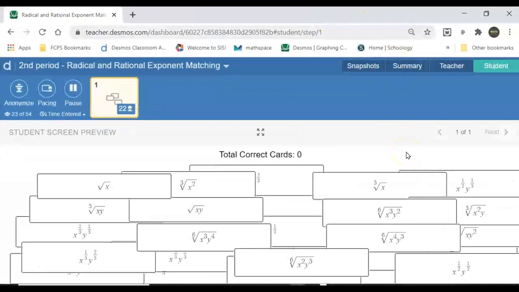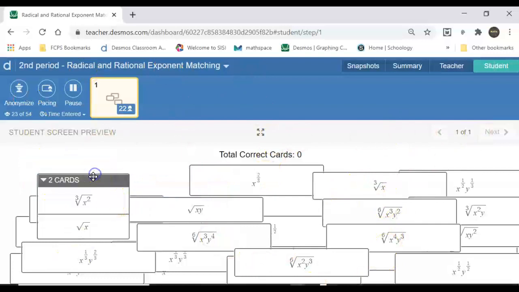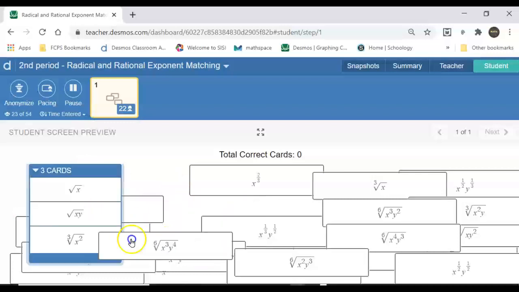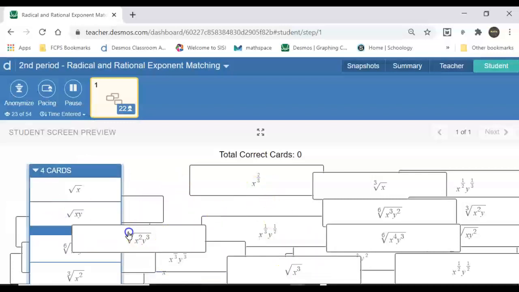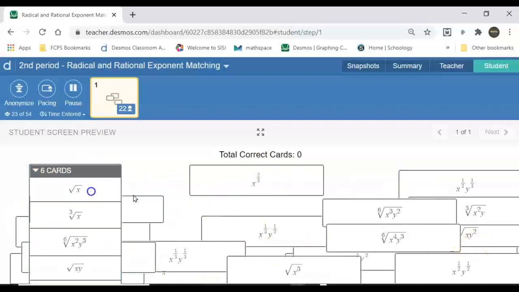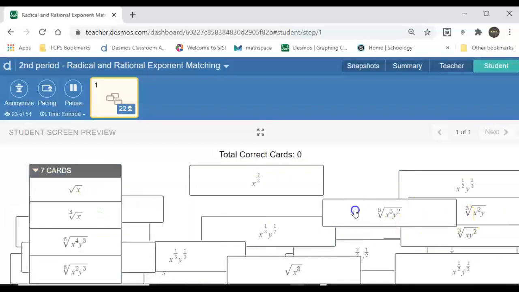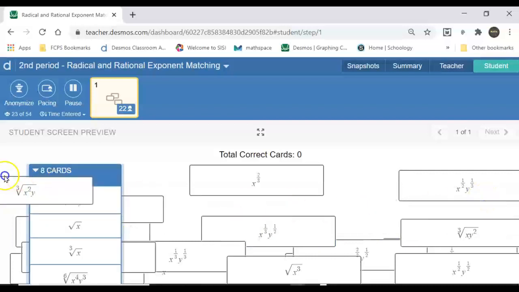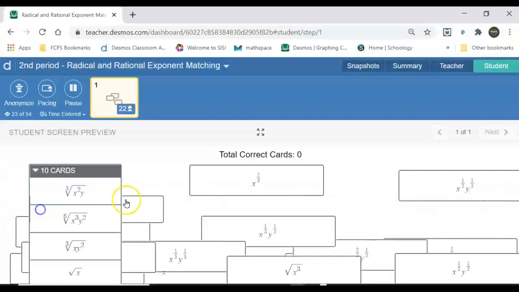All right. So there's a lot of stuff here, right? So one of the things I would do would look to sort anything that is a radical and just throw those together so I can start getting space. I know they don't match yet, right? But we'll match them up. I just need to create space so I can see what's going on. So anything with a radical, I would just throw into a card sort over this side.